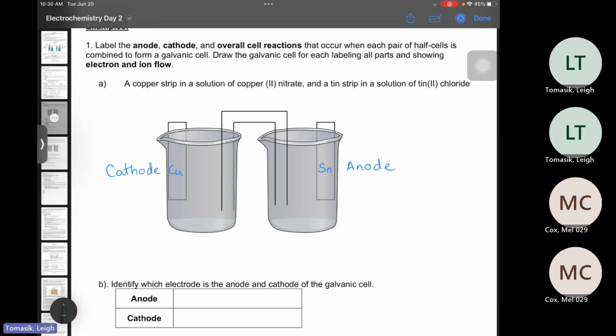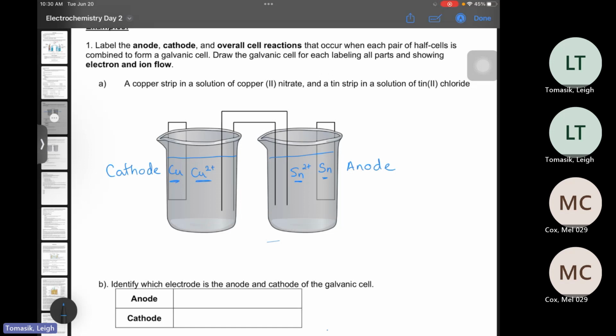The higher one becomes a cathode, the lower one becomes an anode. I was talking about how the copper has copper 2 plus ions. So when you're looking at the chart, make sure that you have both copper 2 plus and copper as a part of the equation. And the same thing with tin, you want to make sure that tin has tin 2 plus and tin metal, both of them in the equation.